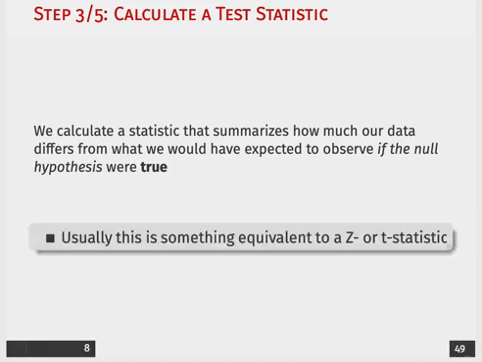So this is usually going to be something equivalent to a z or a t statistic, where we are referencing a t distribution with our t statistic to see if our statistic is something that we believe we would likely observe if the null was true.